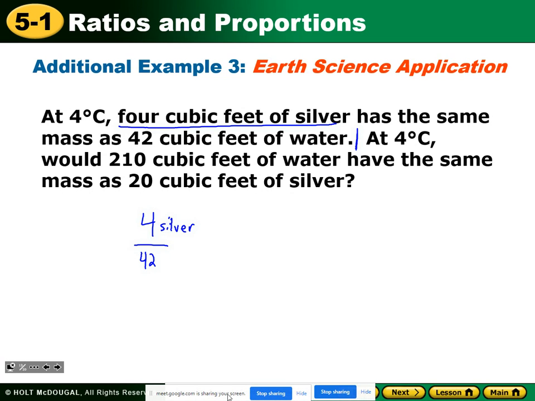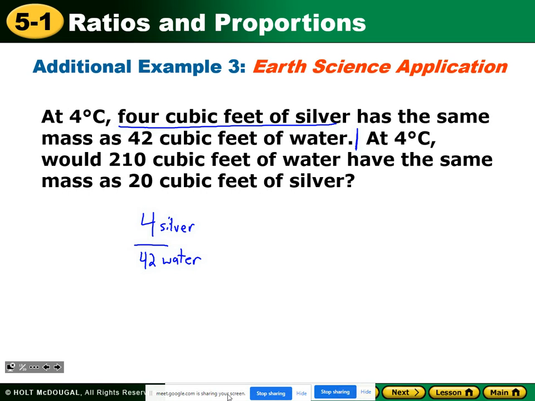So, if I have 4 cubic feet of silver, it's equal to 42 cubic feet of water. Their weights are equal, all right? If I put 4 cubic feet of silver on a scale and 42 cubic feet of water on a scale, they would read the same weight.